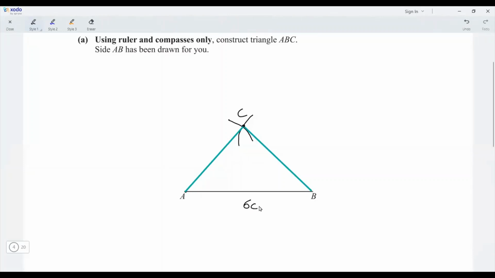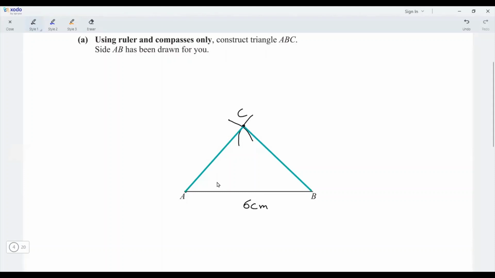For drawing the perpendicular bisector, we need to remember the steps. First of all, open your compass to more than half of 6. What's half of 6? It's 3. You can open your compass to 3.5, 3.7, 3.8, anything up to 4, it will be fine.